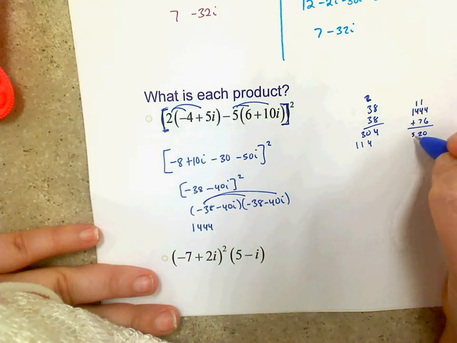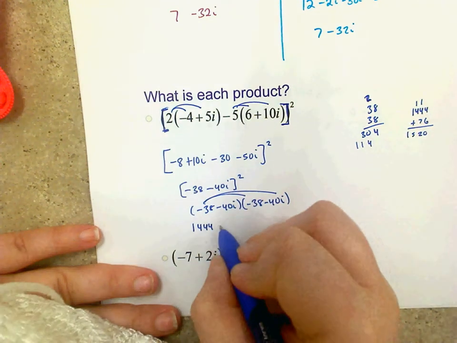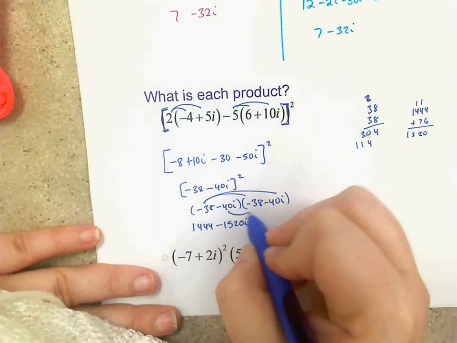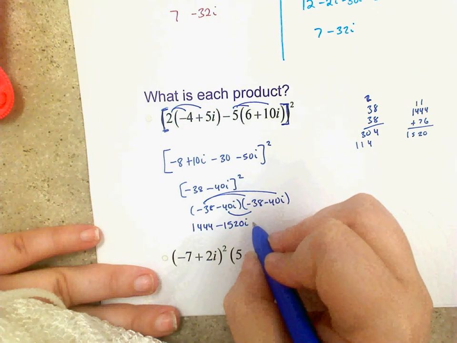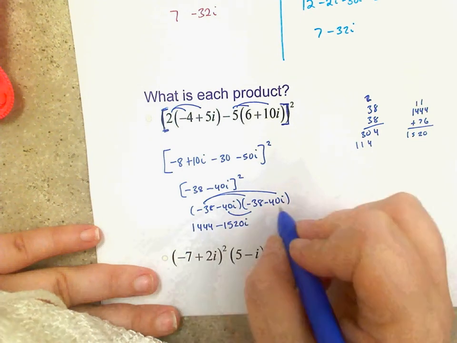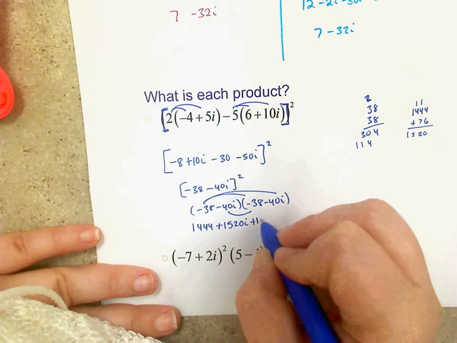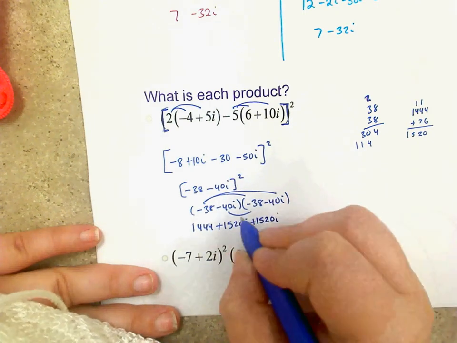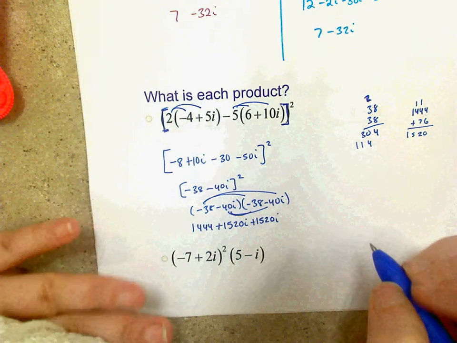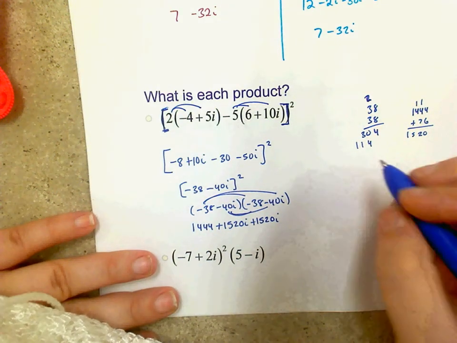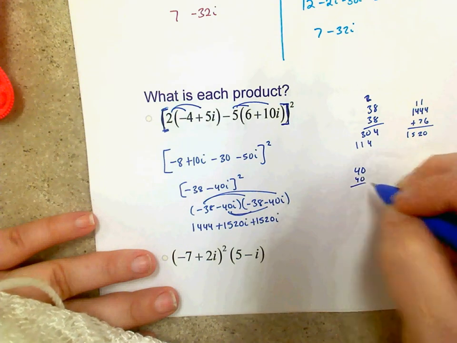So negative 1,520I. And then when I multiply that, I get a positive. Oh no, I'm supposed to get a positive there. That time, negative times a negative is positive, and then I get a positive 1,520I again. And then I get negative 40I times negative 40I. So a negative 40 times a negative 40 is a positive 40 times 40, 1,600.